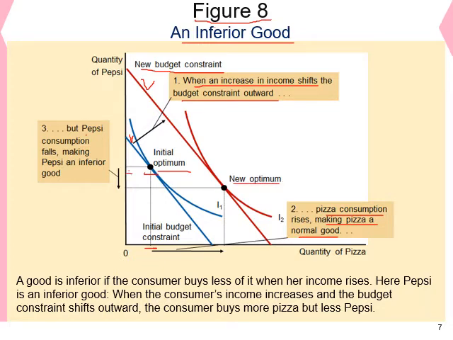At the new optimum, on the higher indifference curve compared to I1, more pizza is consumed. But Pepsi consumption falls from this point to this point right here, making Pepsi an inferior good. So when the consumer's income increases, the budget constraint shifts upward, and the consumer buys more pizza and less Pepsi.